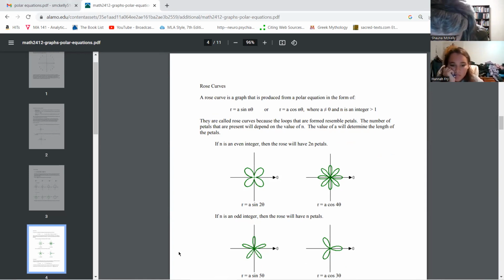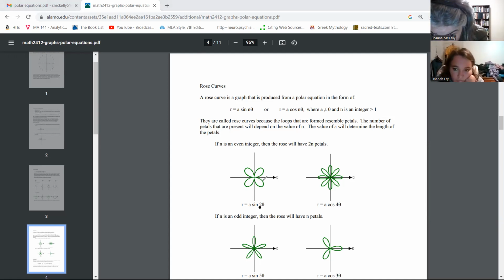Let me annotate the screen. You're looking at this coefficient, and you're doubling it if it's even, to tell you how many petals you have. If n is odd, then you just have however many petals n is. So that's how rose curves work.